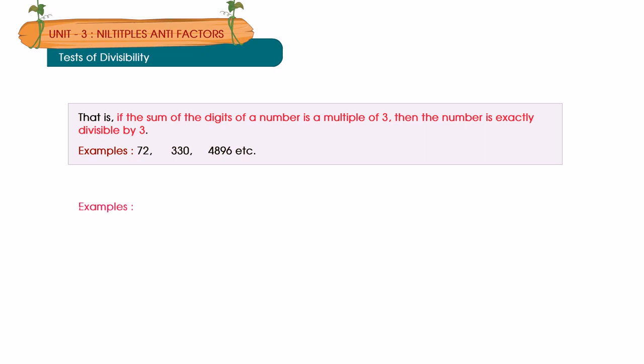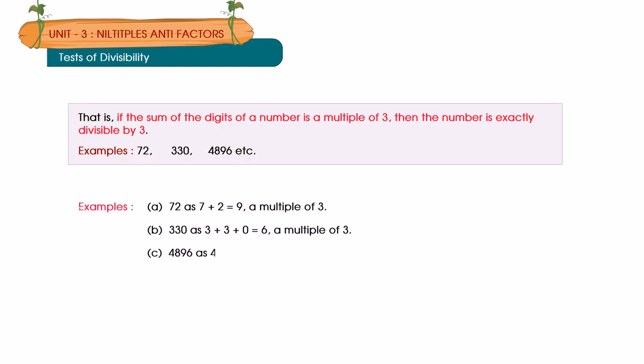Examples: A. 72 as 7 plus 2 is equal to 9, a multiple of 3. B. 330 as 3 plus 3 plus 0 is equal to 6, a multiple of 3. C. 4,896 as 4 plus 8 plus 9 plus 6 is equal to 27, a multiple of 3.